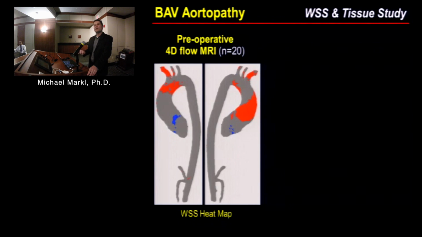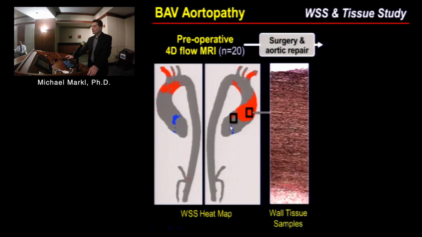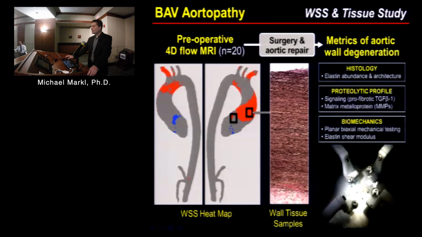As part of the repair, part of the aorta will be resected and replaced by a graft. So during surgery, the surgeons resect the tissues at different locations in the aorta, and that tissue would then undergo histopathology analysis.